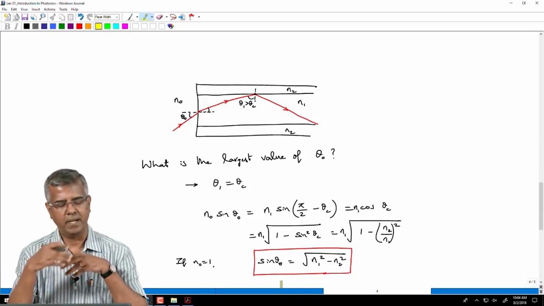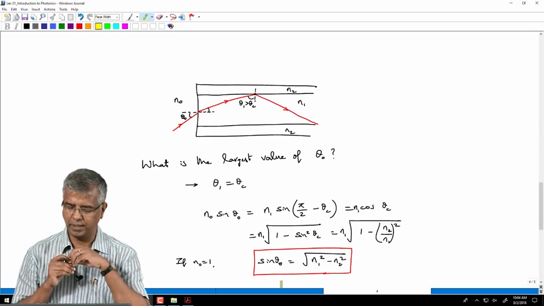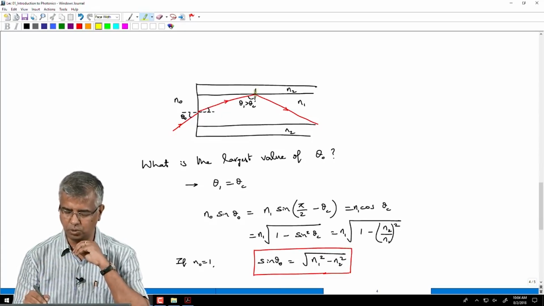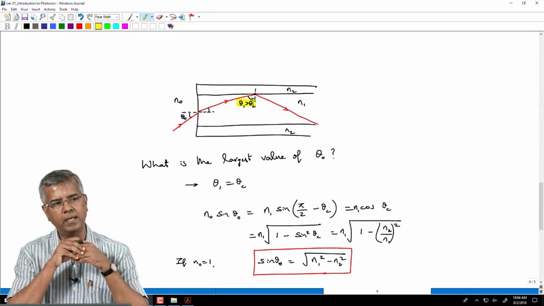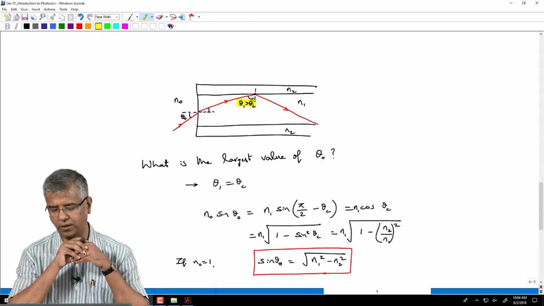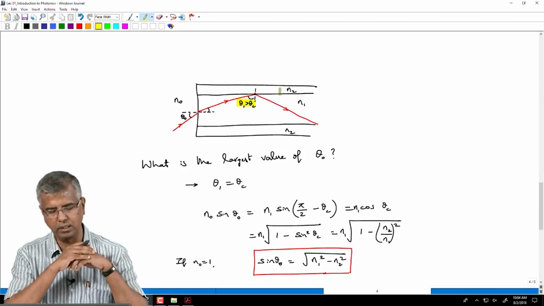So, I have tried to lay out in this picture that what we need to do is take care of this condition, that is the incident angle being greater than the critical angle as far as this interface between N1 and N2 is concerned.